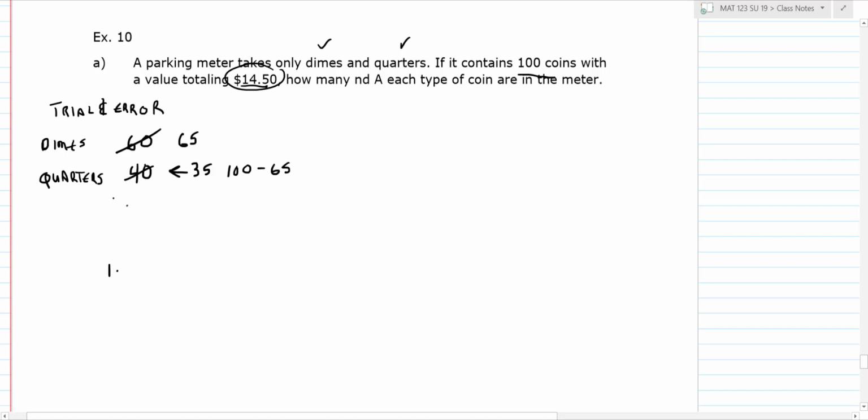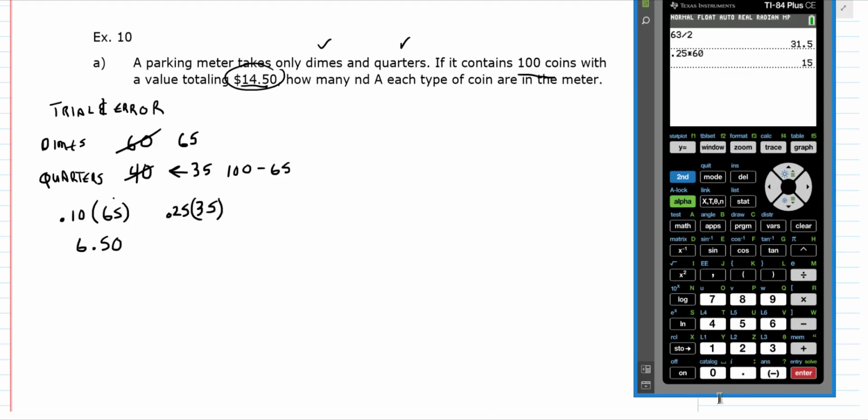I'm going to count my money again and try it one more time to see if I get it right. If you have 65 dimes, that's $6.50. If you have 35 quarters, it's a little harder for me to do in my head, so I'm going to take my calculator and do 0.25 times 35.